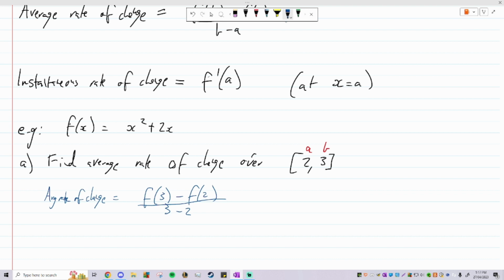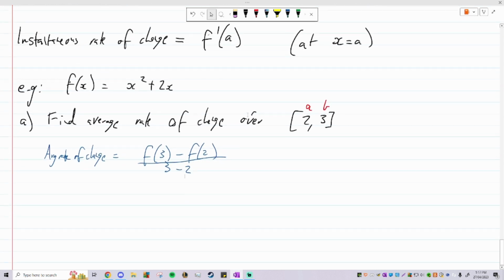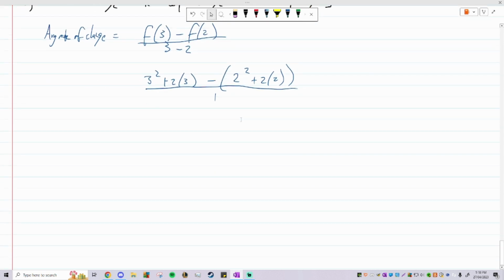You could have done f of 2 minus f of 3, as long as on the bottom you match that up to be 2 minus 3. f of 3 is going to be 3 squared plus 2 times 3, and I'm going to put it in brackets here to make sure that I'm taking everything, minus 2 squared plus 2 times 2, over, and 3 minus 2 is just 1, so we can get rid of that in the next step.